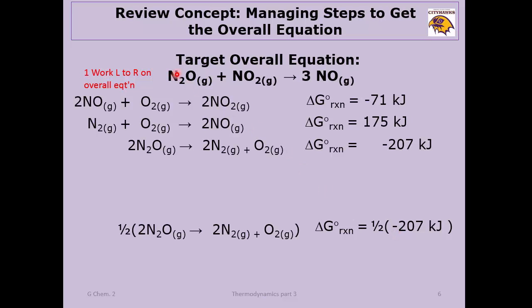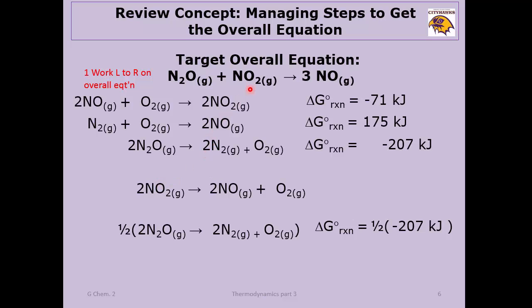Then I go back and work on my next species that shows up, a nitrogen dioxide reactant. And I look down here and say, oh, that's in the first equation, but the problem is that nitrogen dioxide is a reactant here, so I need to actually flip this whole equation over. So now I've taken this and flipped it over, and that's the other issue with it.